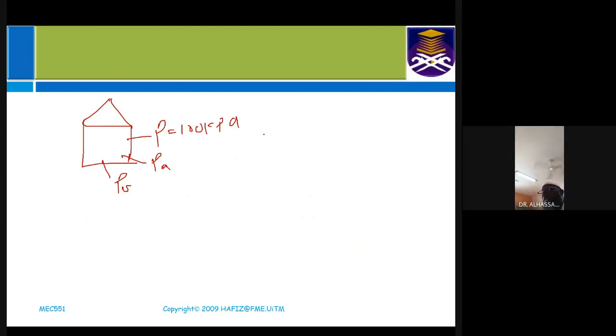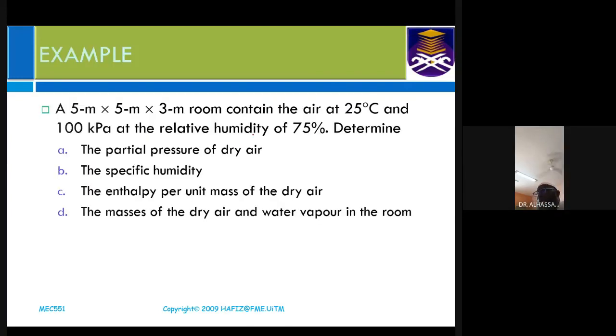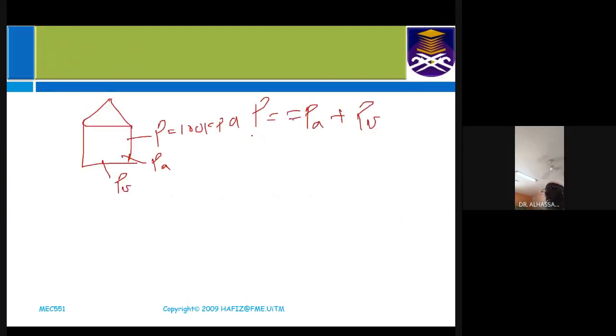So the total pressure in the room equals the pressure exerted by the dry air component plus the pressure exerted by the water vapor. It is this partial pressure of the dry air, P_a, that we are interested in.